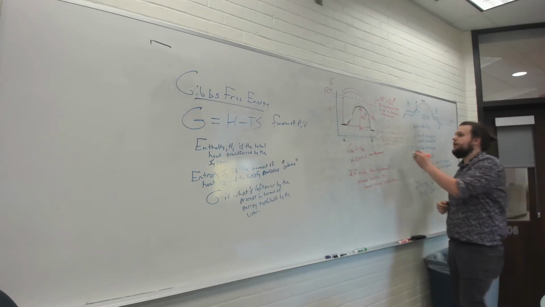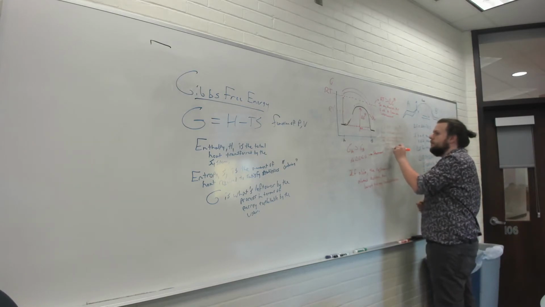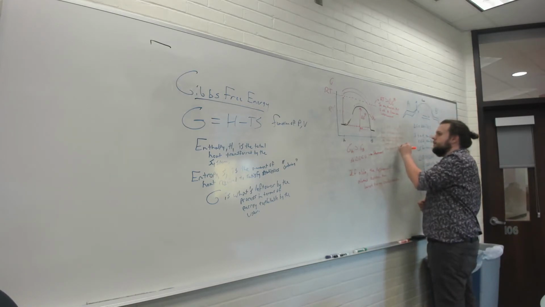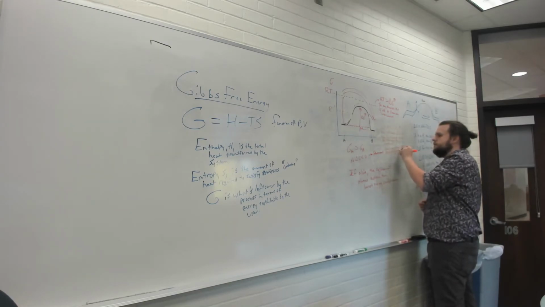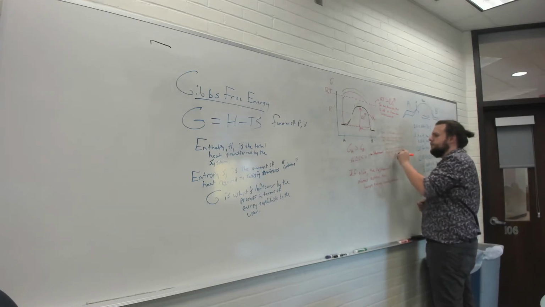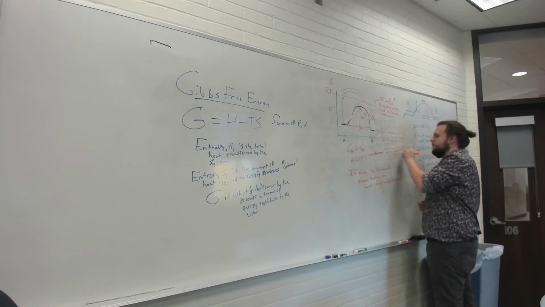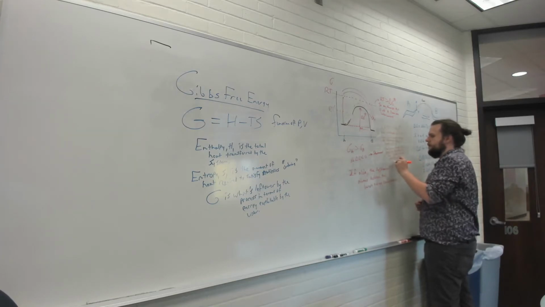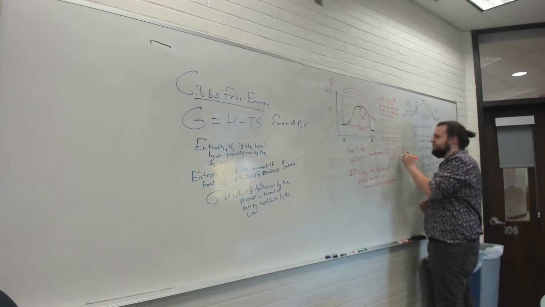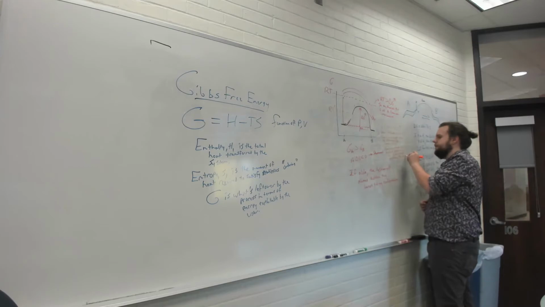So even though delta G predicts spontaneity, the system cannot achieve the process due to the barrier.